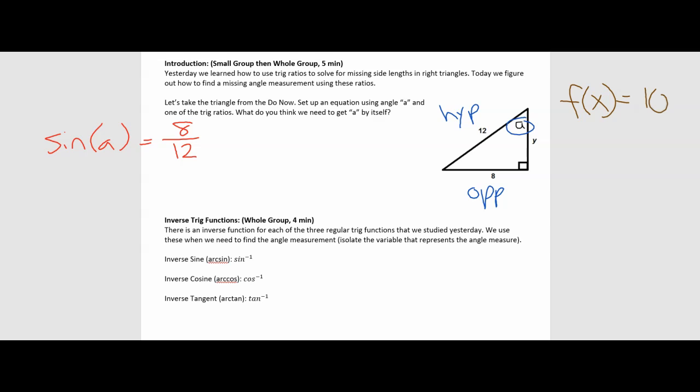Now, if I want to get this x by itself, I would have to apply the inverse function of f. That would undo my f. So to both sides, I would have to apply f inverse.